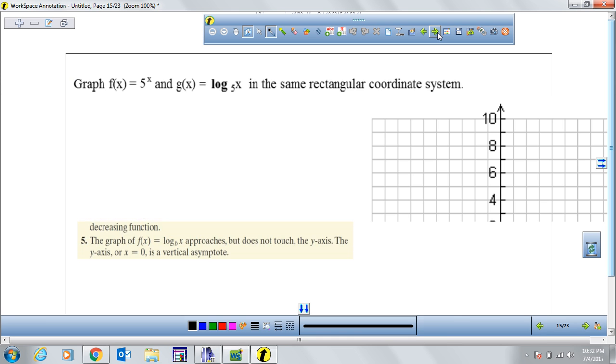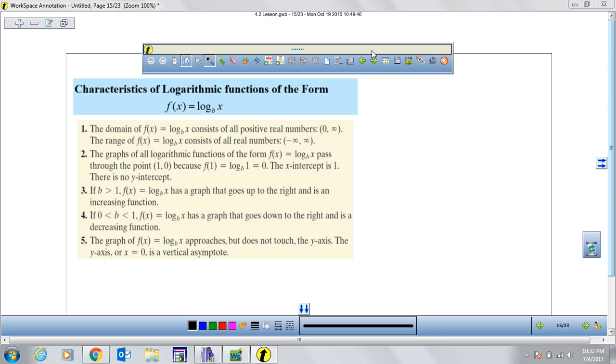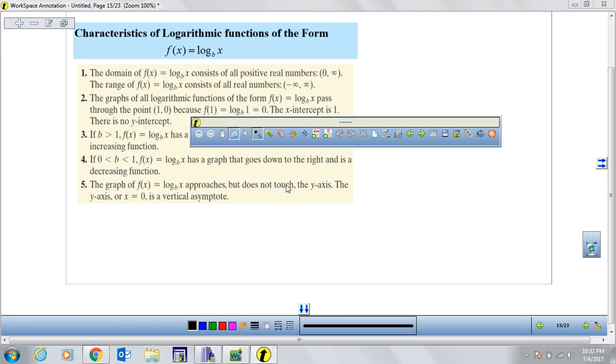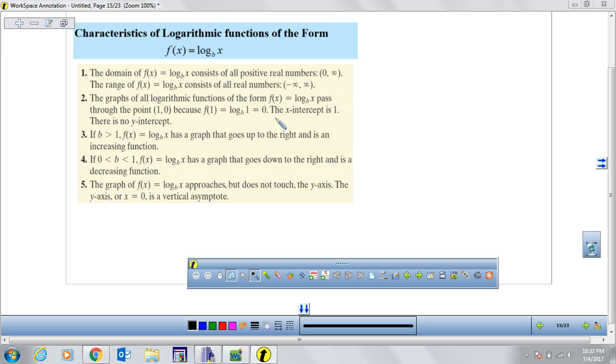Now, these are some of the properties that you need to keep in mind for logs, based on the characteristics that I showed you from the exponential functions in section 4.1. We said that the domain of the exponential functions was from negative infinity to positive infinity, and the range was from 0 to infinity. Now, the logarithmic function is the inverse. With inverse properties, the domain of the function becomes the range of the inverse and vice versa.